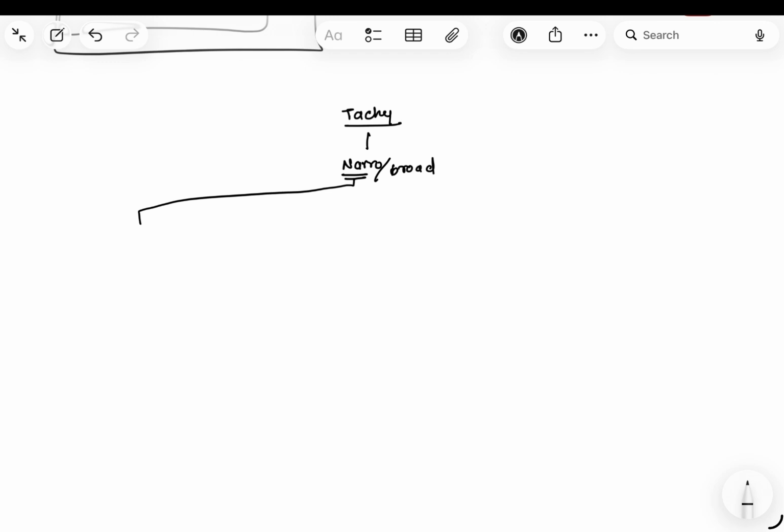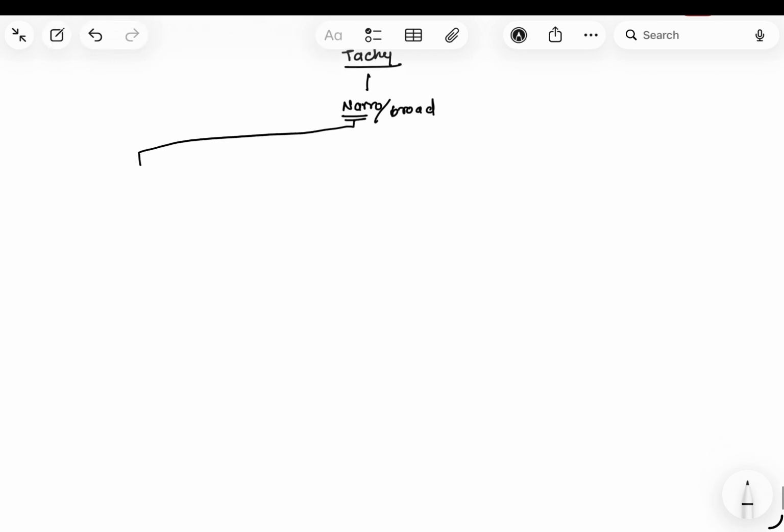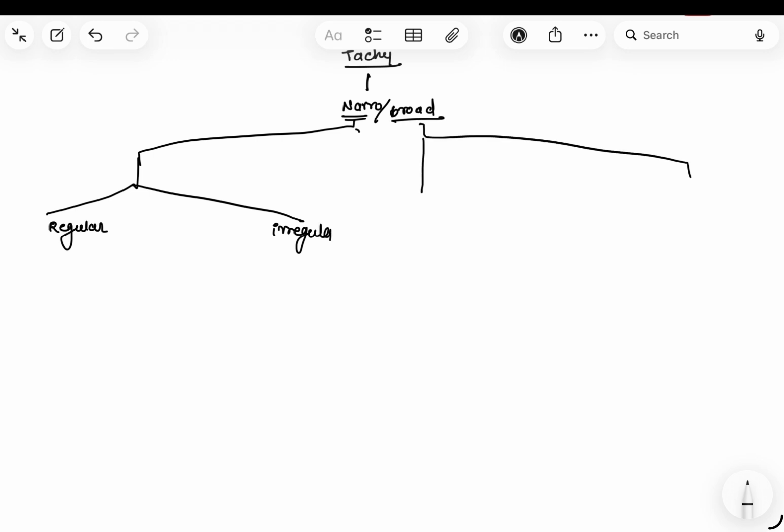In narrow QRS complex, we either have regular or irregular. In broad, we also have these two categories, that is regular or irregular.